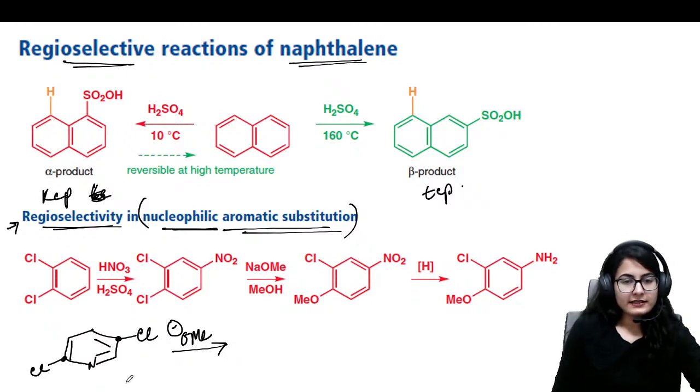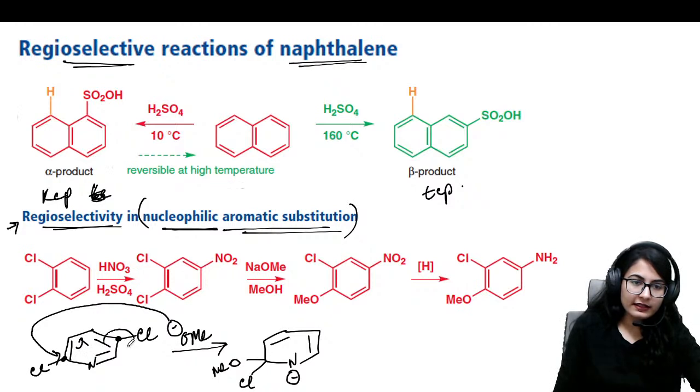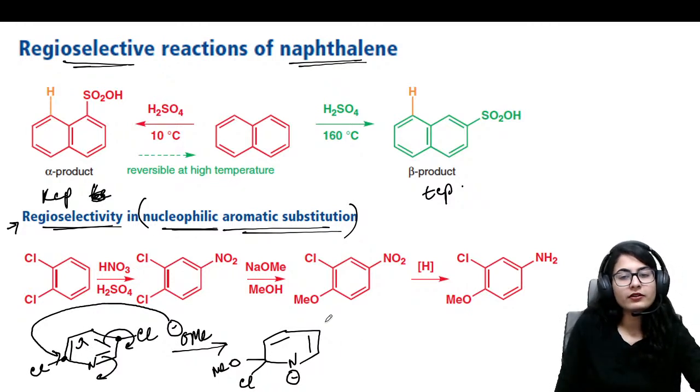Ortho, absolutely yes. Why? Because when we draw the mechanism, we have to take care that the nucleophile should attack in such a way that it gets the negative charge on nitrogen. That way it's going to give you a stable intermediate, and when the negative charge falls back, हमारा जो good leaving group है वो leave कर जाएगा.